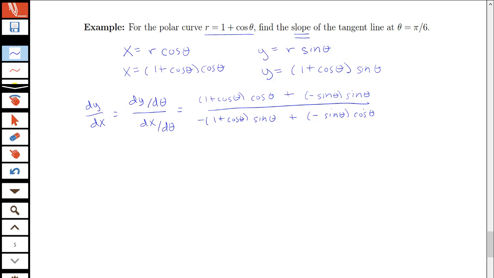We can try to simplify this a little bit before I start plugging in my particular theta value. In the numerator I'll have cosine theta plus cosine squared theta minus sine squared theta.